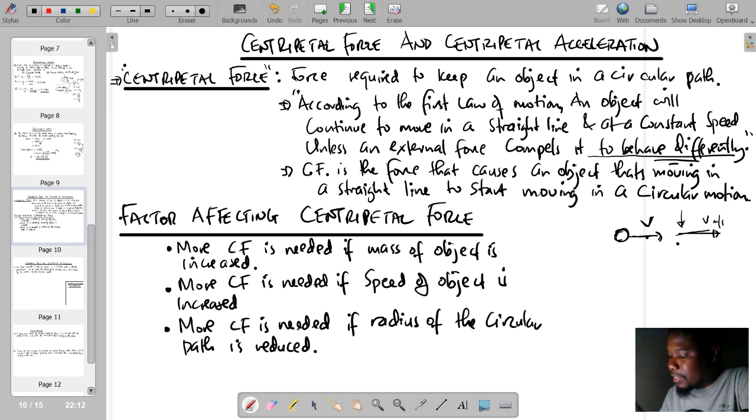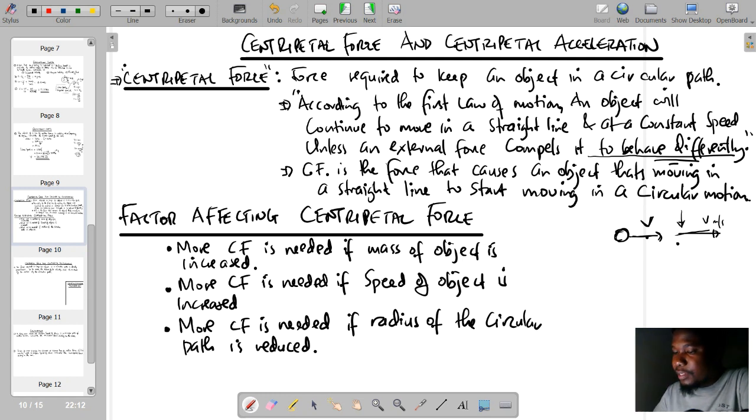If it is going to change its course of movement, it has to be because an external force was applied that caused its behavior to change. That's the first law of motion.